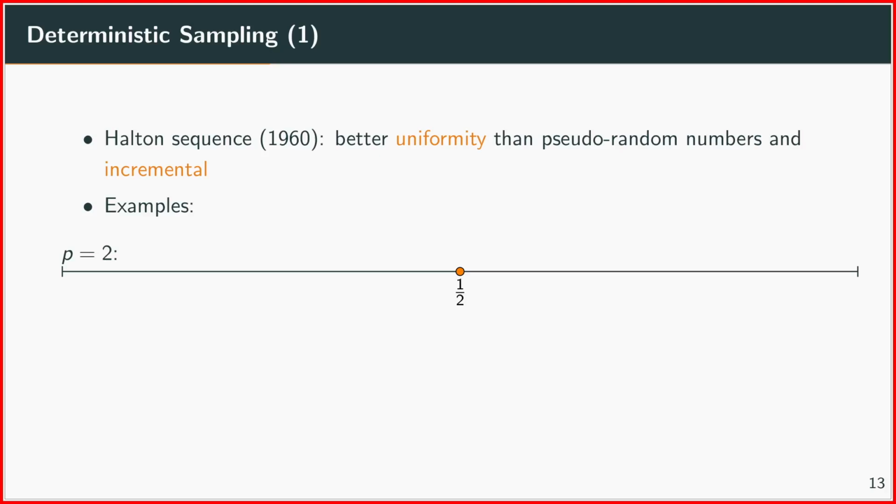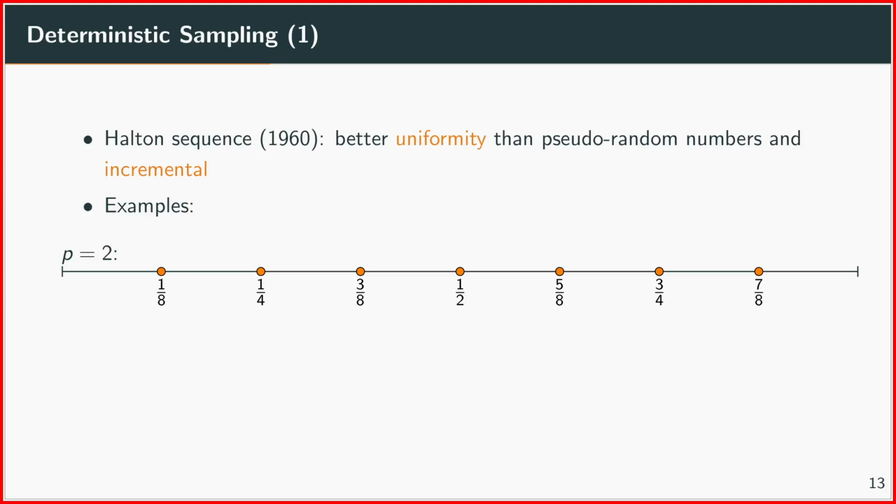The idea is that instead of just randomly picking a point on the line, you first pick a point which divides the line into half. Then you pick the next points, which divide the remaining segments again in half, and so on. The cool thing is that instead of getting a lot of points at certain locations, as you usually do with pseudo-random numbers, you get points which first explore the space very broadly and then go into details later.